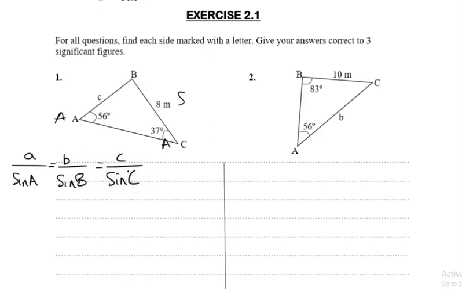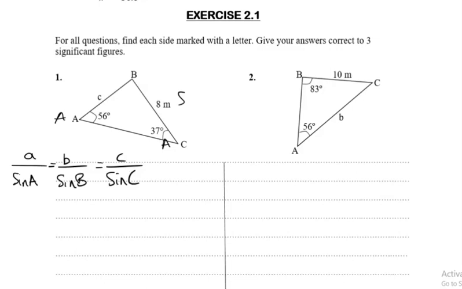Now when it comes to geometry, when we're dealing with shapes, any capital letter represents a vertex, a corner, or an angle. In this case, the capital A, capital B, and capital C all represent angles. Lowercase letters represent the sides.